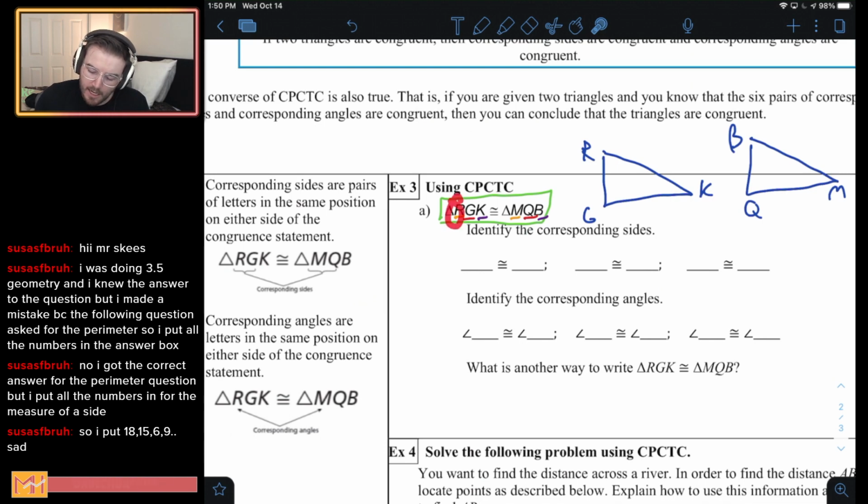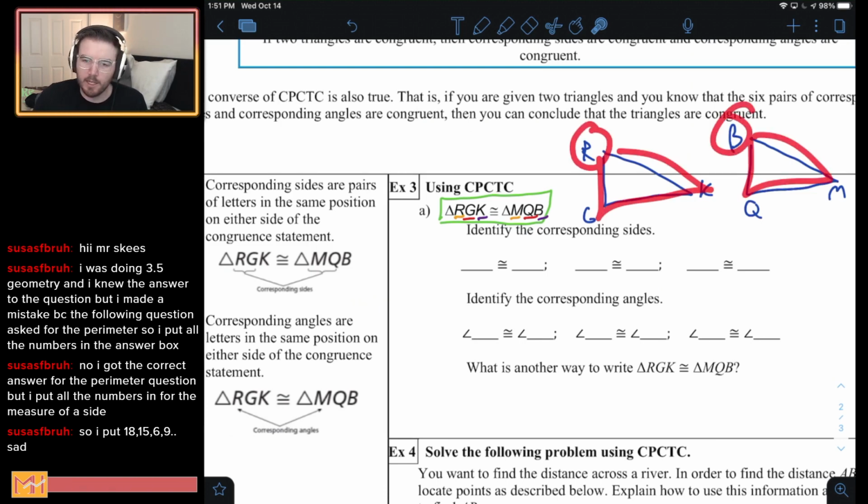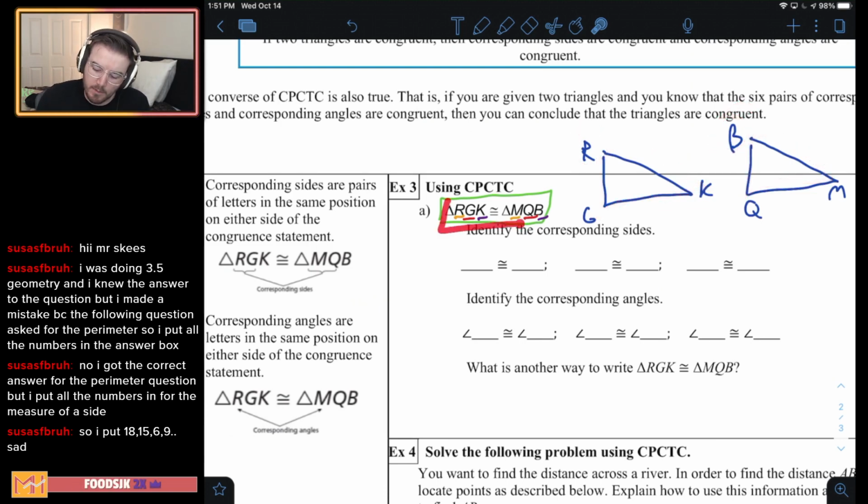Because R has to correspond with M, and as this drawing shows, R is corresponding with B. This statement is written to make life super easy for you. It's not meant to make it harder. It's meant to make it easier. It tells you that R corresponds with M, and G corresponds with Q, and so on and so forth.